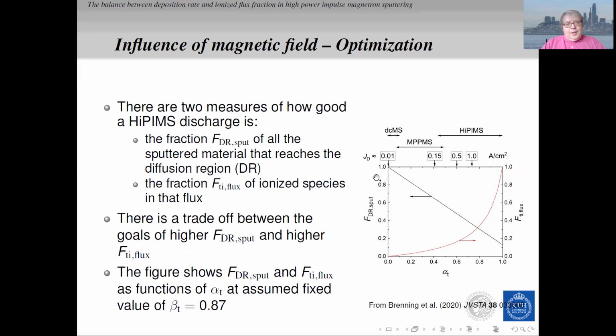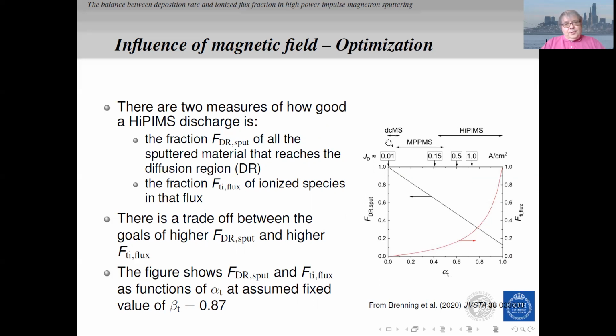And if we plot now the deposition rate as a function of the ionization probability, we see that as the ionization probability increases, the deposition rate goes down. If we look at the ionized flux fraction, we see that the ionized flux fraction increases as the ionization probability increases. So we see that there is a conflict between the deposition rate and the ionized flux fraction.